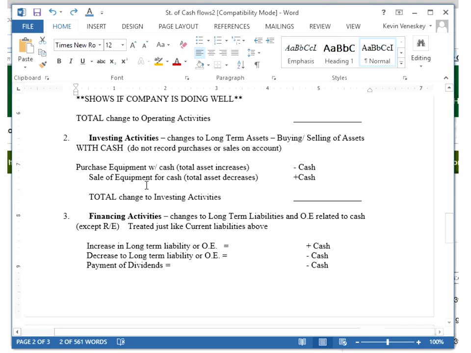We're going to look at our notes to see how exactly I purchased that equipment, or if I absolutely need to, I'm going to need to go back to the journal entries to see how that piece of equipment was purchased. If I bought the whole thing with cash, well, then I need to say that I lost $20,000. If I split it 50-50, paid half down, half later, well, I need to show that even though the equipment changed by $20,000, I only record what happened with cash.